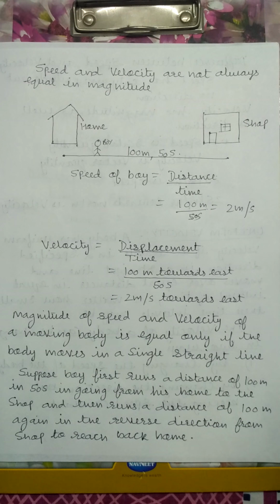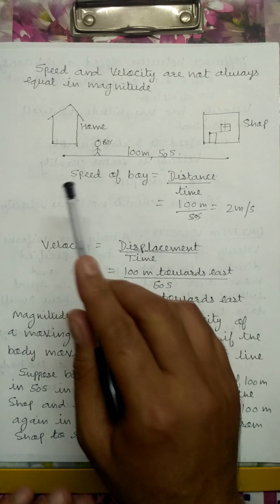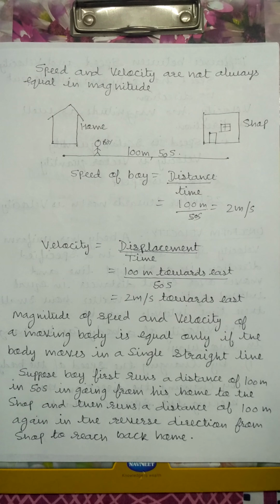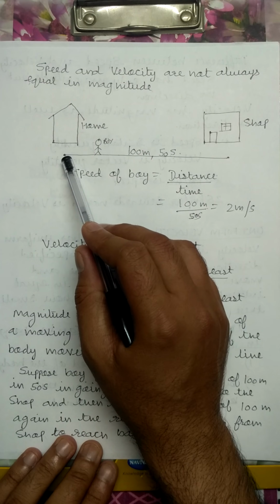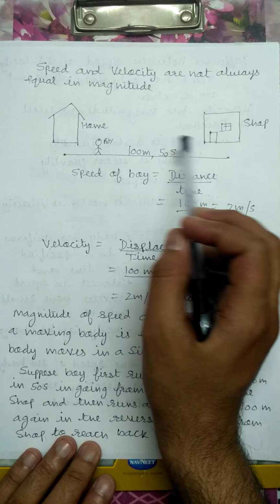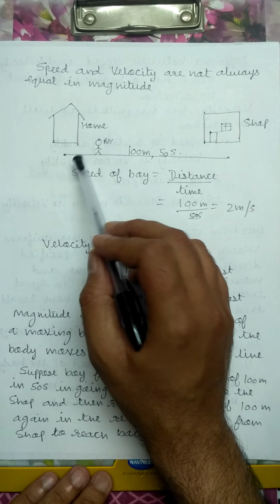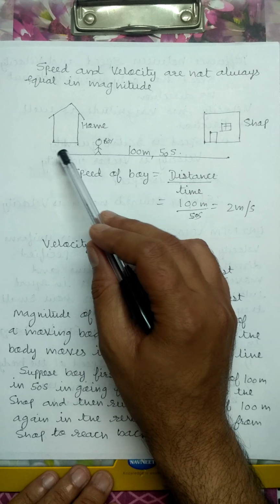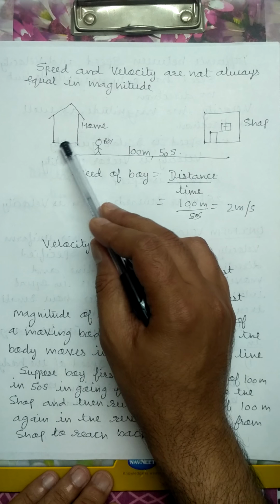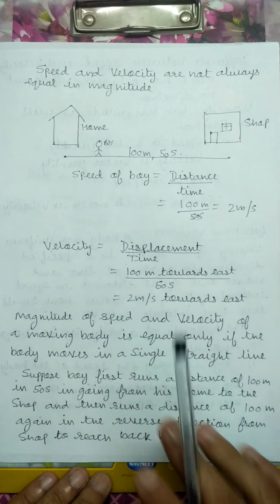So time is going to be 50 plus 50, that is 100 seconds. Now what is the displacement of this boy? Displacement is the shortest straight line distance between the initial point and the final point. When this boy goes to the shop and comes back home, his displacement is going to be 0. Why? Because the distance between the initial point and the final point is 0. He has again reached his home.